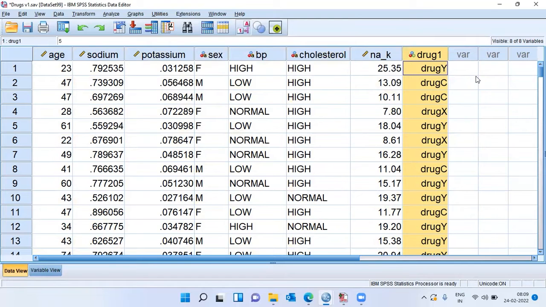In unsupervised learning, we don't have a dependent variable. To model this kind of data, one of the best approaches that we have is what is called a decision tree model.